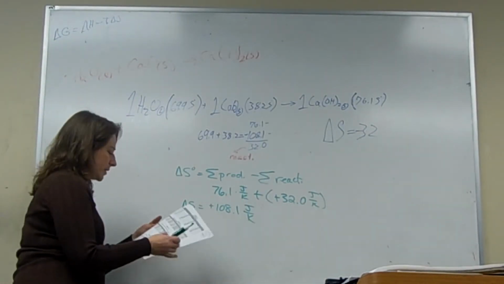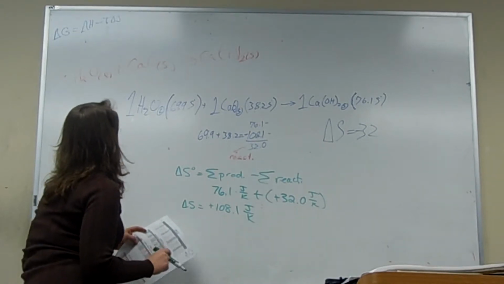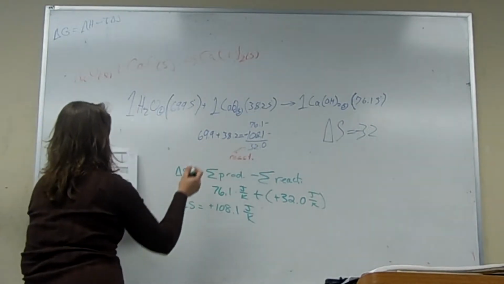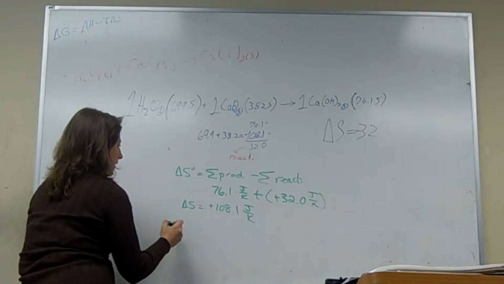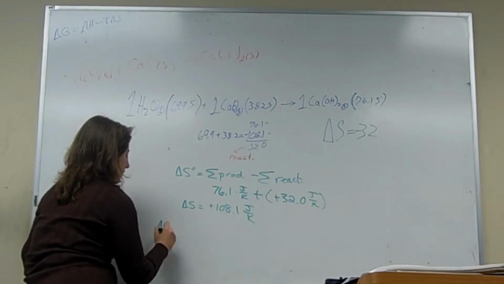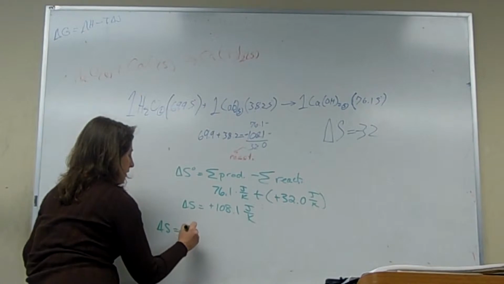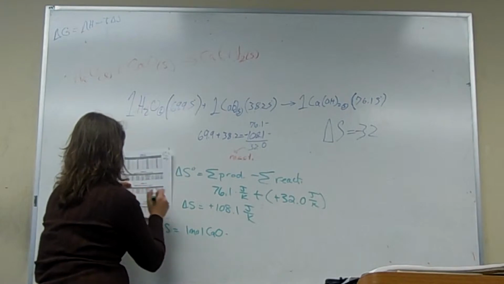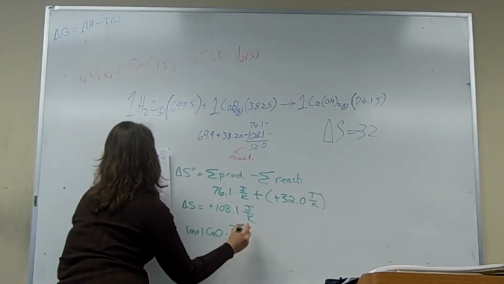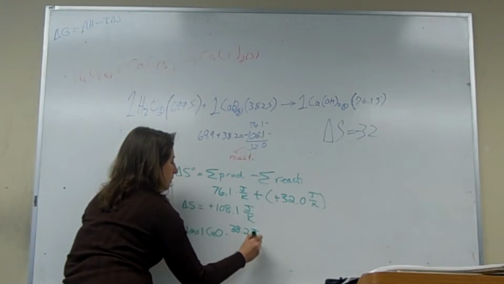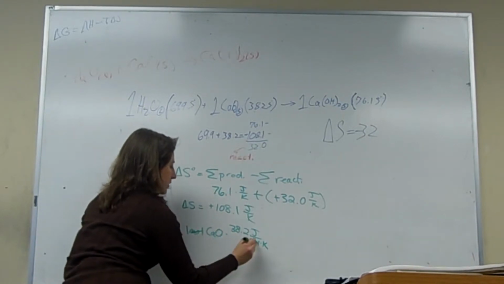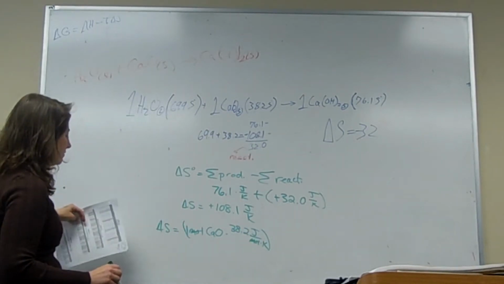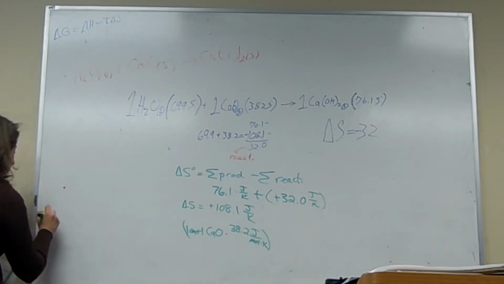Alright. So we're using table 13.3. Calcium oxide is a solid, 38.2. If I write it, I'm going to do products. So I would do 1 mole of calcium oxide times 38.2 joule per mole degree Kelvin. I think I already see. Oh, that's a reactant. Okay, a little bit better.